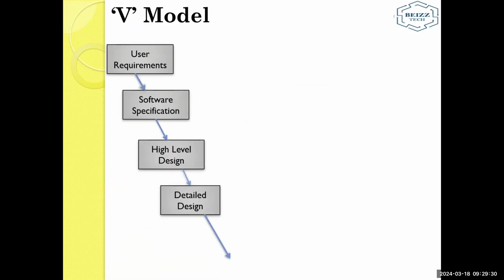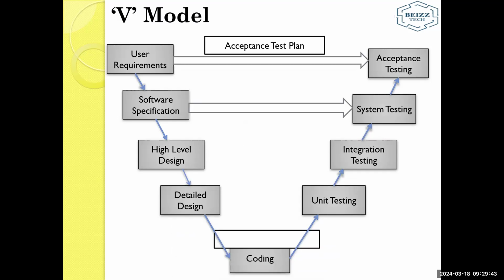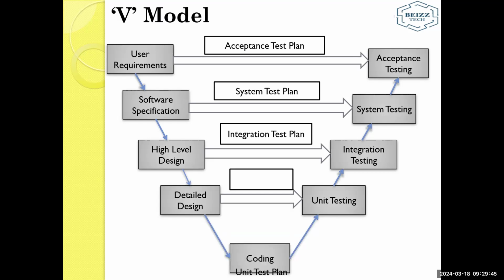So this is your V model. Very first, the application gets developed, but for every phase of development, we can have a testing phase. And the process bends upward after the coding phase just to form the typical V shape. And as I told you, here development and testing go parallelly. How come? It's not like whenever the user requirement is developed, at the same time we can do acceptance testing.